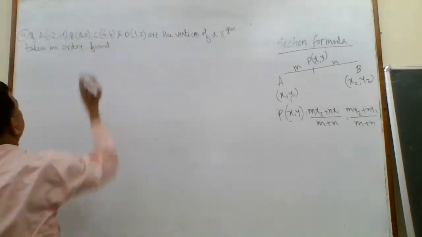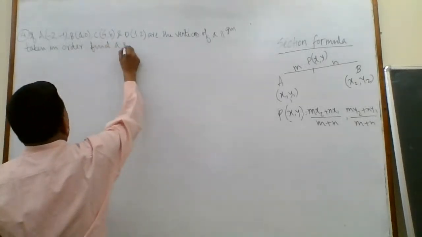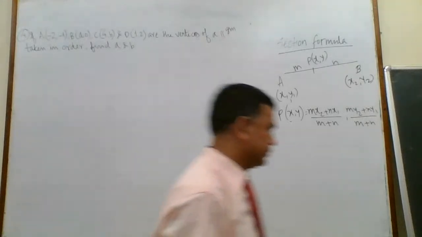So they are the consecutive vertices. We are asked to get the value of a and b.